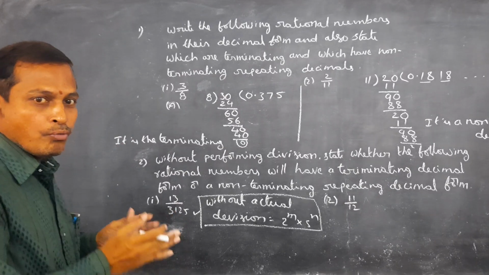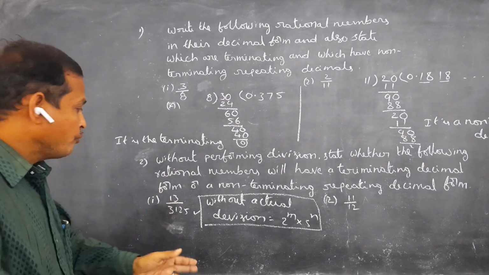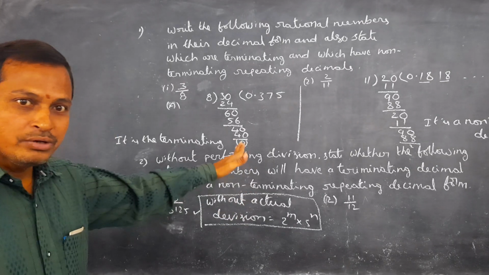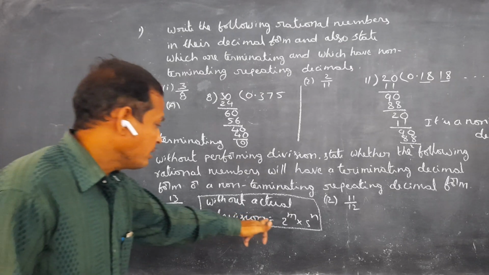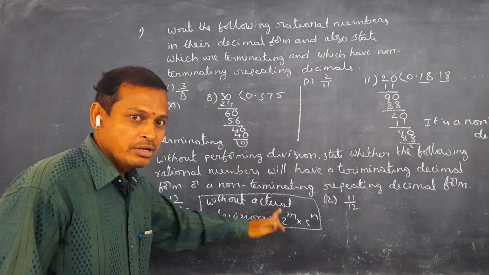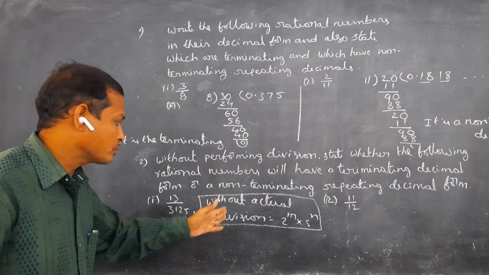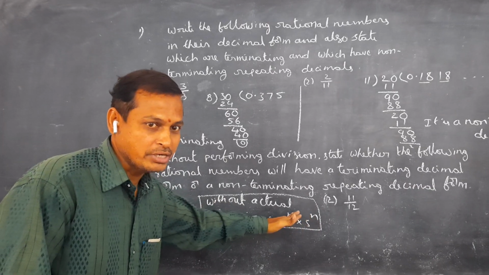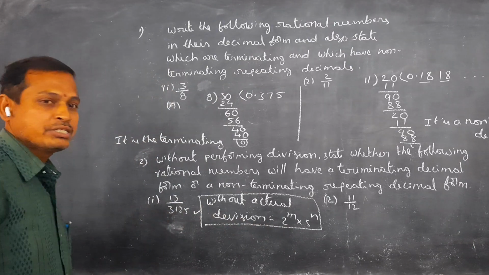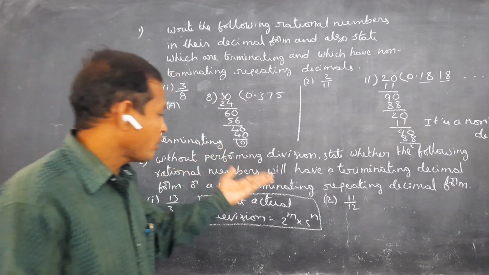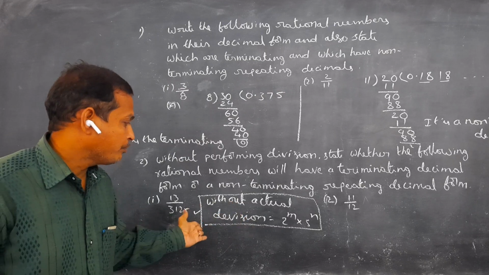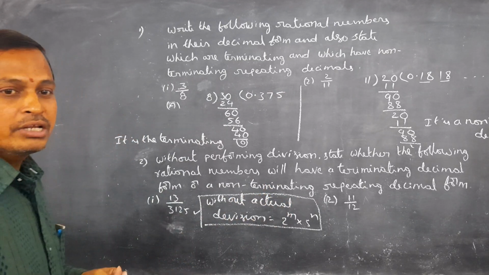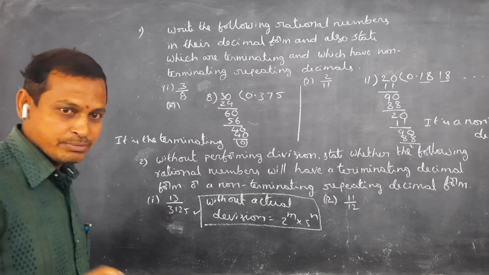3125. So in every sum, we take the denominator value only and use the LCM method, and then compare with the formula. If the denominator values convert into powers of 2 and 5 in this method, then we have a terminating decimal. If the denominator is not converted into 2 power m and 5 power n, in this problem it is a non-terminating decimal.